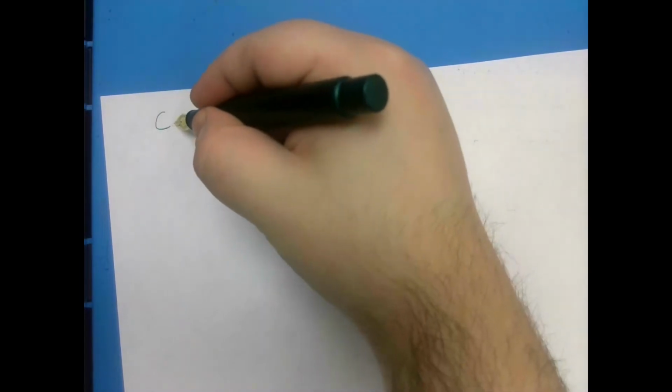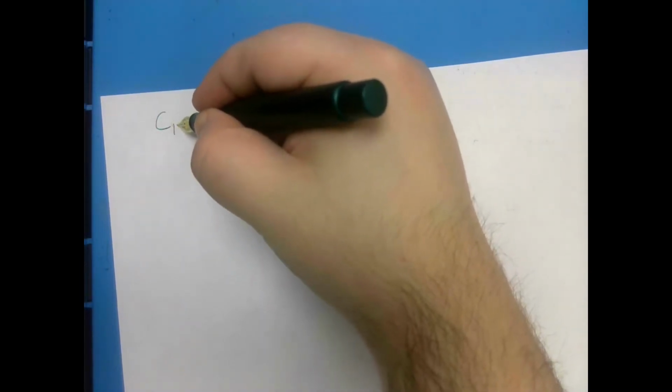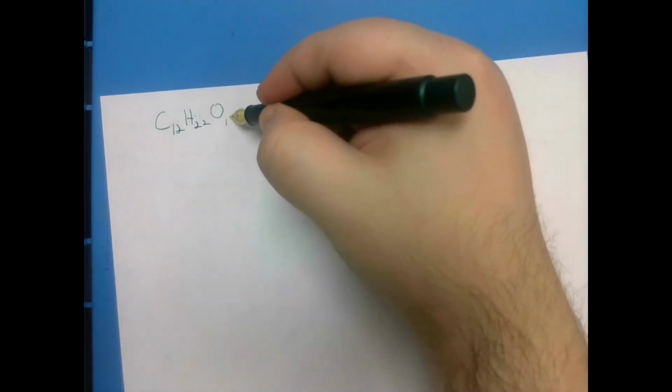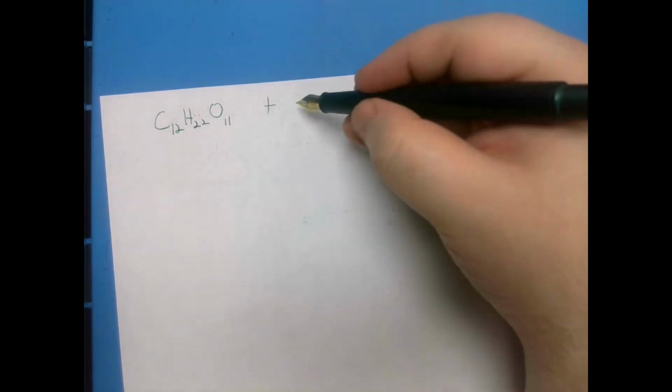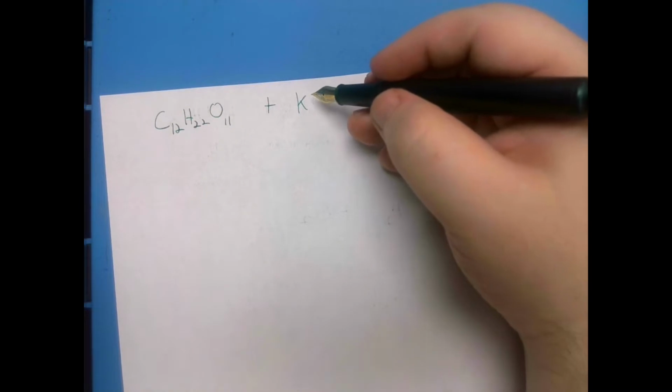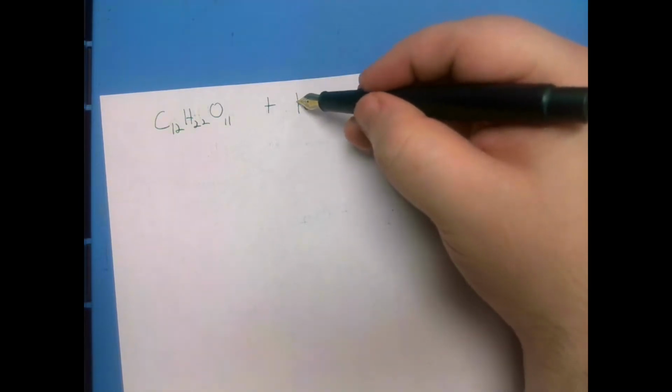We have C12H22O11, and we're going to react it with, what's the formula for potassium chlorate? Yeah, potassium in it.